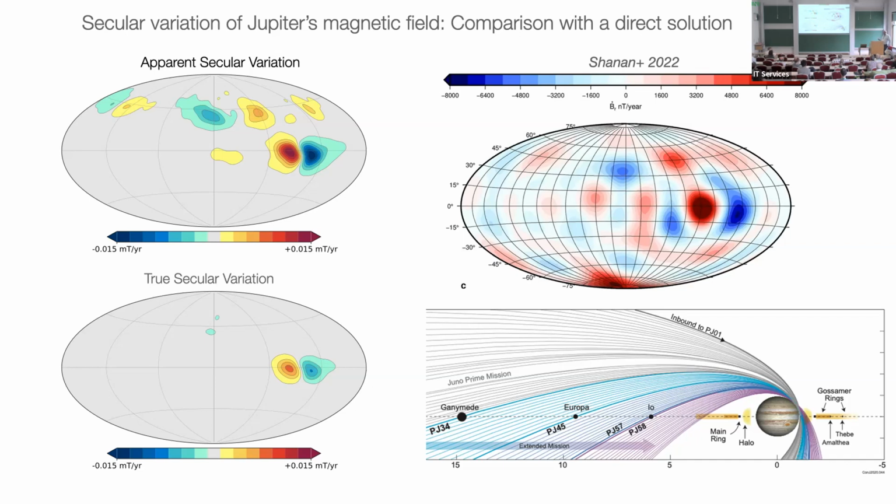So the later orbits of Juno have no resolution in the South Polar region. So it's actually the very last region in which one would expect to be able to detect secular variation. And this is simply the model trying to say, oh, I want a weaker field there because these later data have no resolution of the field there. Slightly more complicated story than that, but that's the essence of it.